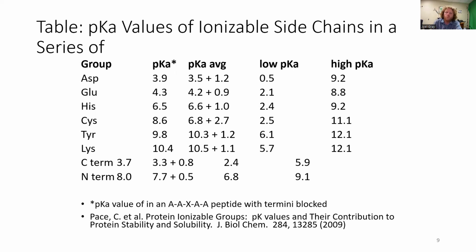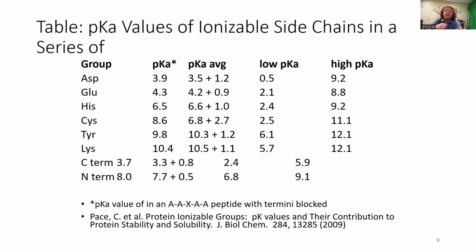This polypeptide was seen at the bottom, that first asterisk reads pKa value of an AAXAA peptide with the termini blocked. Okay, so what somebody did was they synthesized this polypeptide where the amino acid in the middle was aspartic acid. Okay, and then it was also glutamic acid.